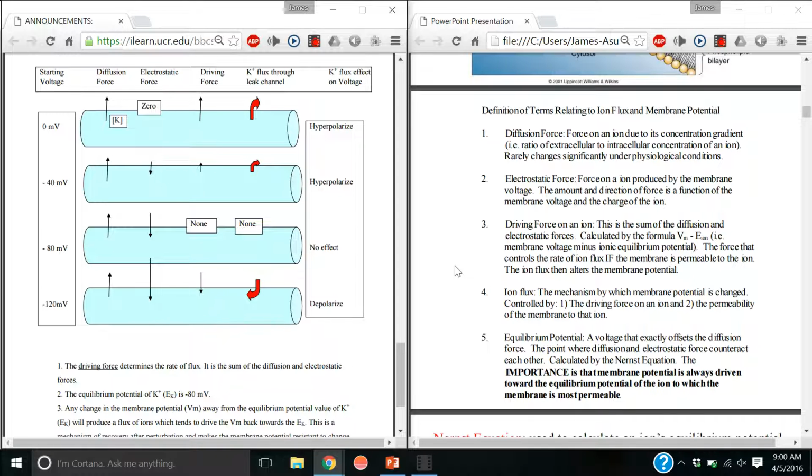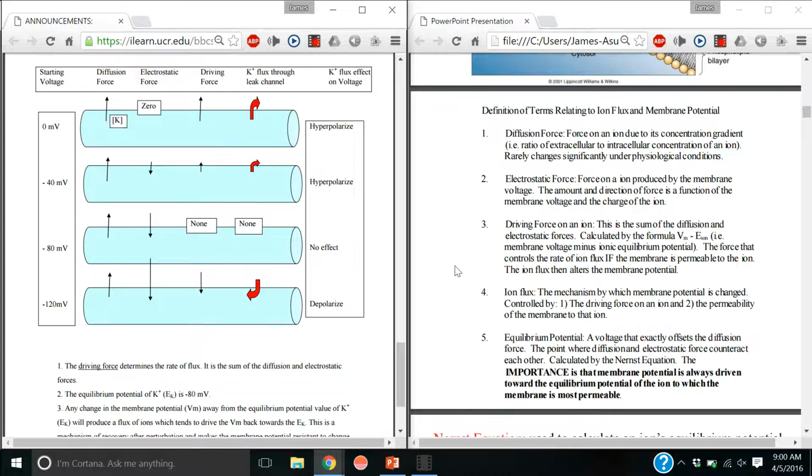So in these examples, when the membrane potential was more positive than minus 80 millivolts, that set up an efflux of potassium that tended to hyperpolarize the membrane potential towards minus 80 millivolts.